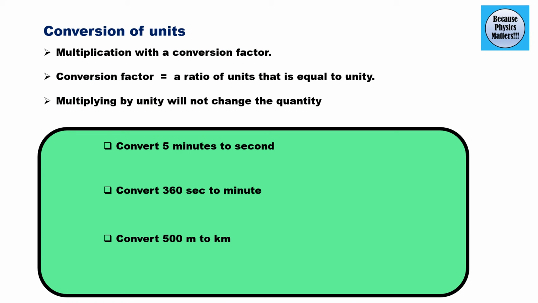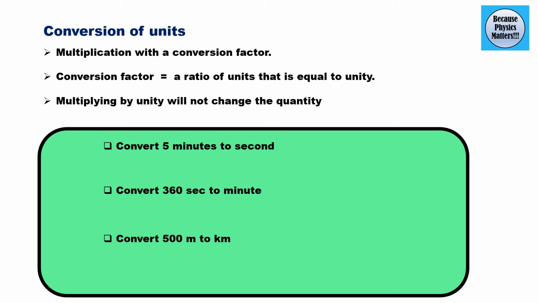Now the important thing is unit conversion. For example, if we have 1 unit, and we want to convert it to another unit. For example, according to the SI system, the second is given as a base unit for time measurement. Now let us suppose I want to convert it into minutes. Okay, so these are some simple things. Many times you have to convert the units from one unit to other units.